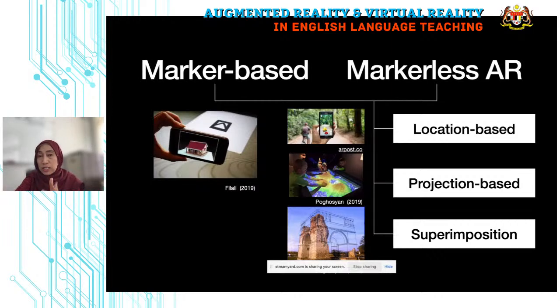For the first one, if you can see the first picture, location based AR is where the overlay images are actually embedded onto the location. Projection based is where it is projected, using a projector, or it doesn't need any device except for the projector, because it is projected onto a bigger screen.